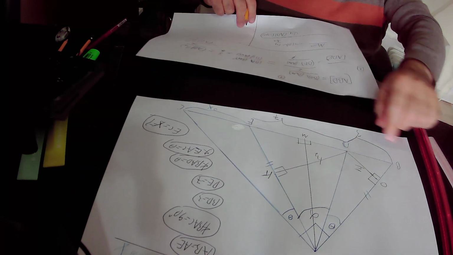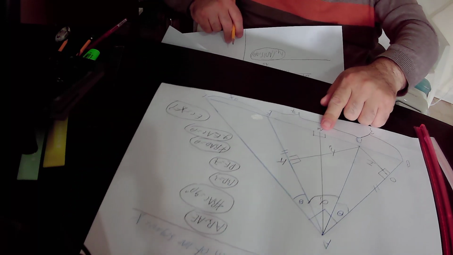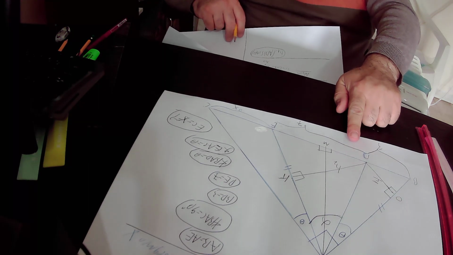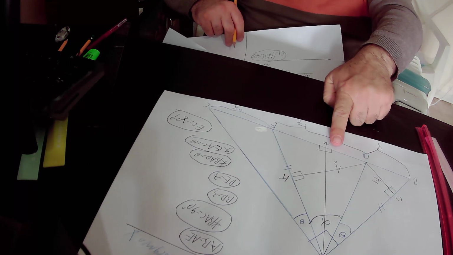So here we have line segment DK equals edge 2.